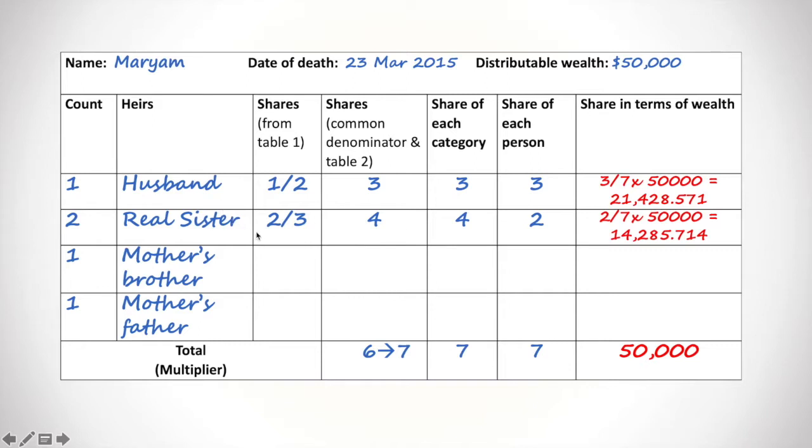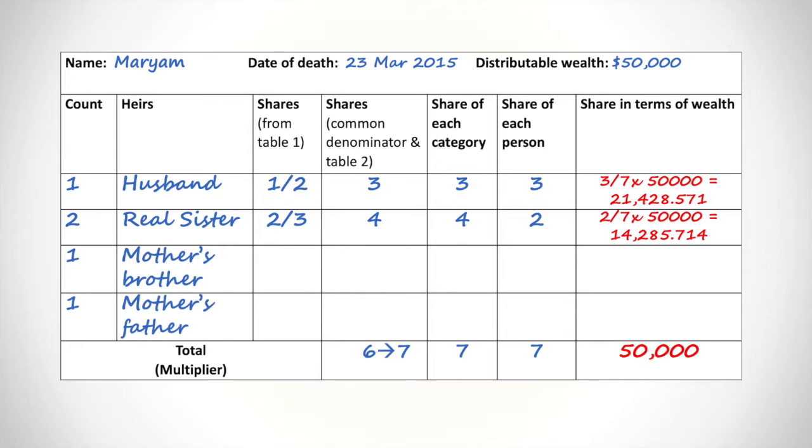The sisters were supposed to get 66.66% because they were getting two-thirds. So instead of getting the total of 33,333.33, they now get 28,400 something combined.